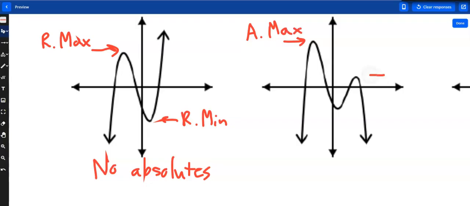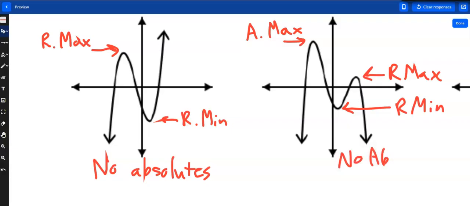Absolute max, relative max, relative min, no absolute min.